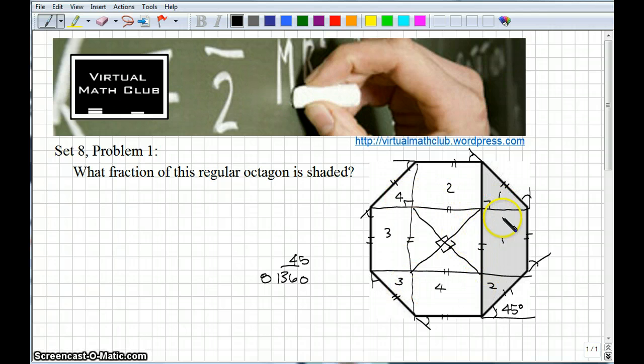So I'm going to continue numbering here. We've got 1, 2, 3, 4, and I'm going to call this one 5, 6, 7, 8. So we've got 8 congruent triangles and we have 4 congruent rectangles.